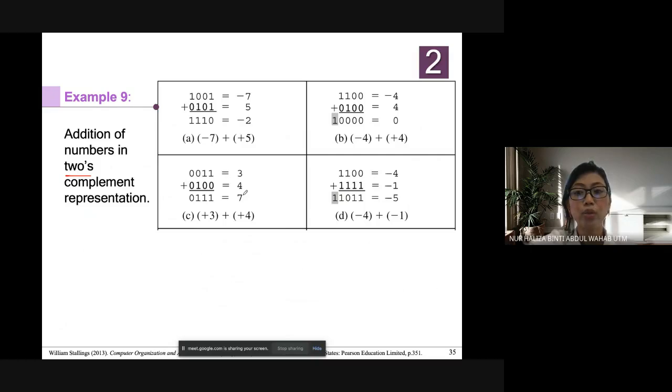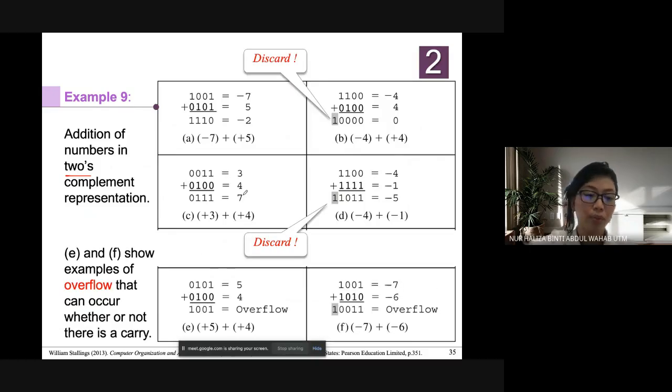Then you're going to have an example of overflow. So this is the overflow condition. When it happens, you can see over here, you have positive numbers, but your answer shows that it is a negative number. So it's going to be overflow.